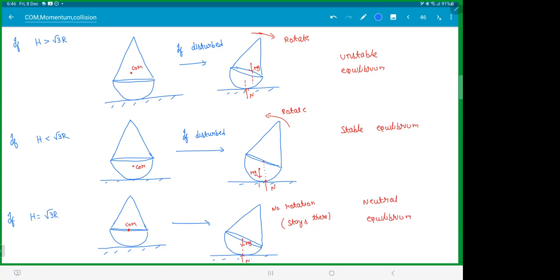They won't ask you center of mass. Have a look at this. Clear, everyone?